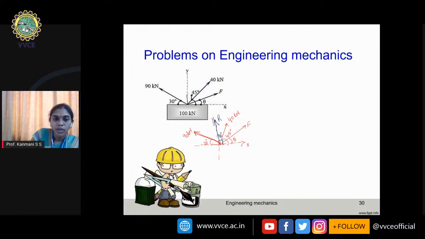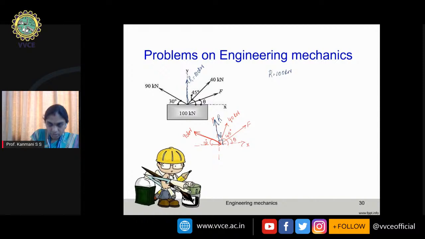If you want to lift a load of 100 kilonewton, you should apply a force equal to 100 kilonewton. Therefore, directly, R is equal to 100 kilonewton. And observe, if R is purely vertical, the angle made is 90 degrees.